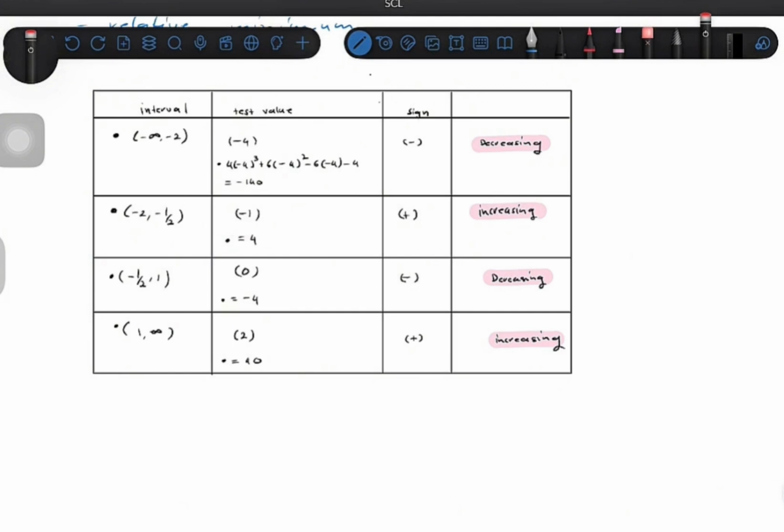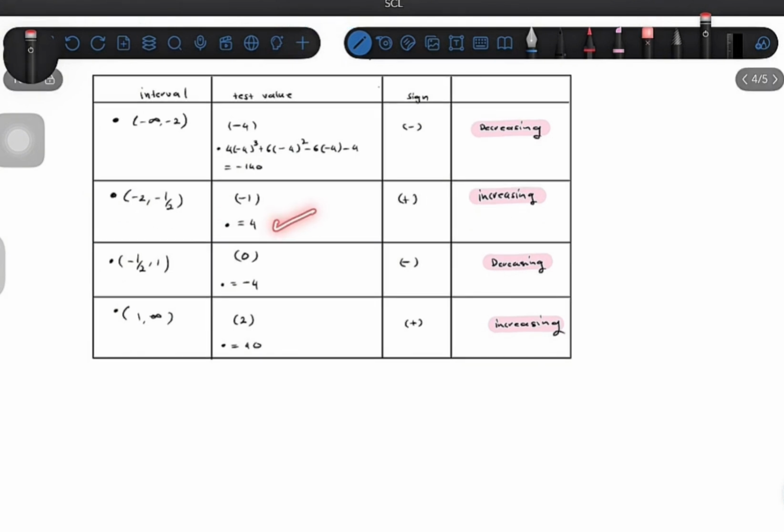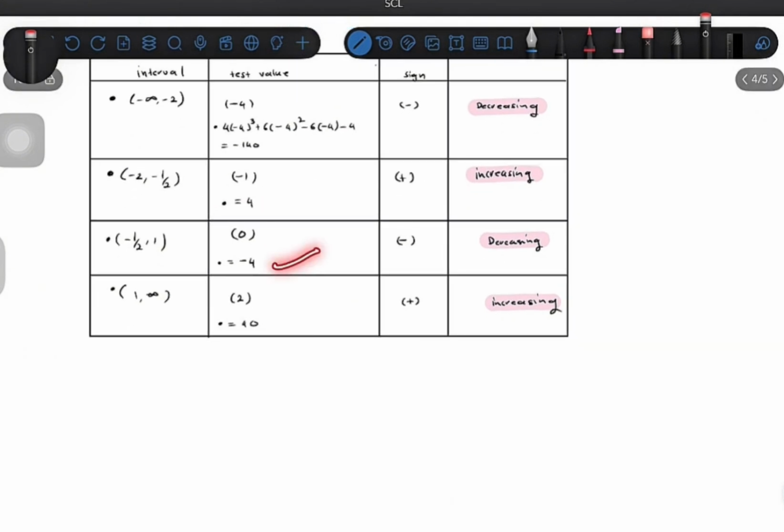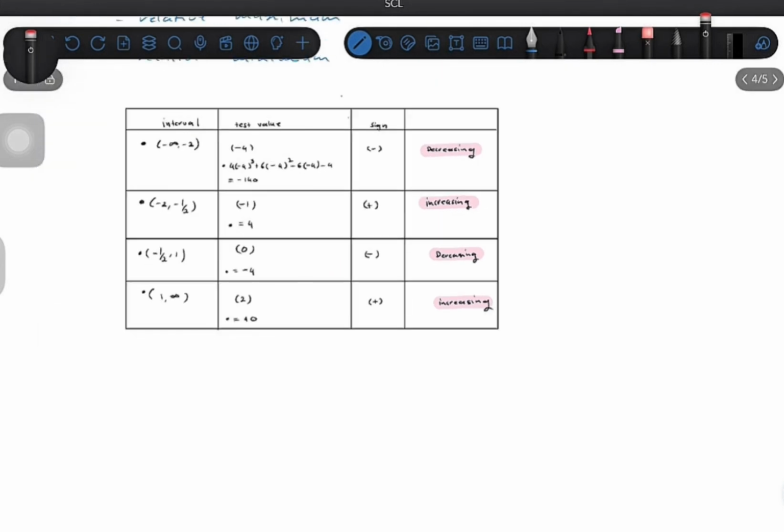So we need to do a test value, taking a value between negative infinity and negative 2, which is negative 4. We insert negative 4 into the first derivative and get negative 140. For negative 2 to negative 1 over 2, we get 4, and so on, negative 4 and 14.